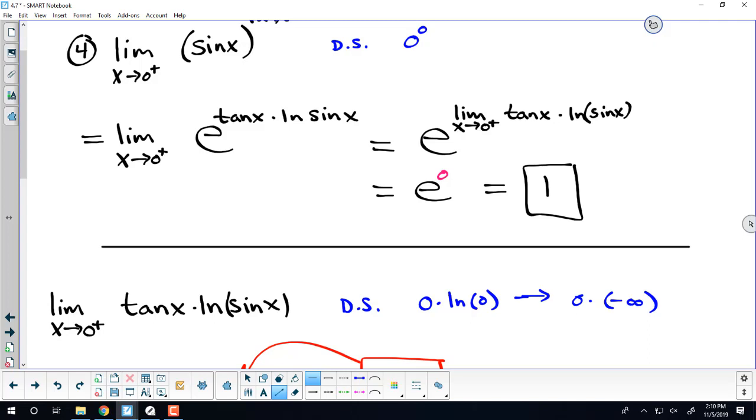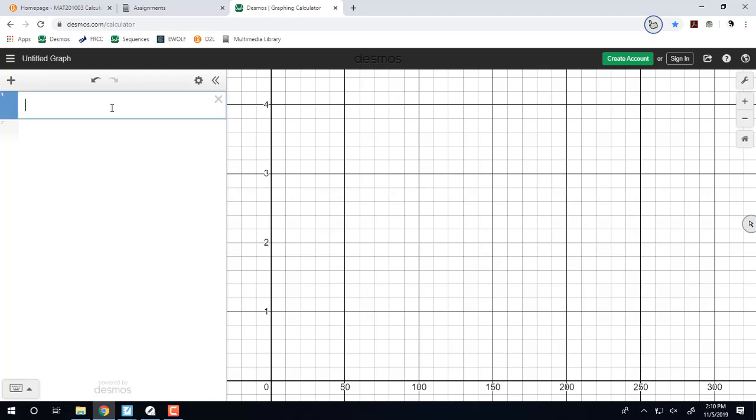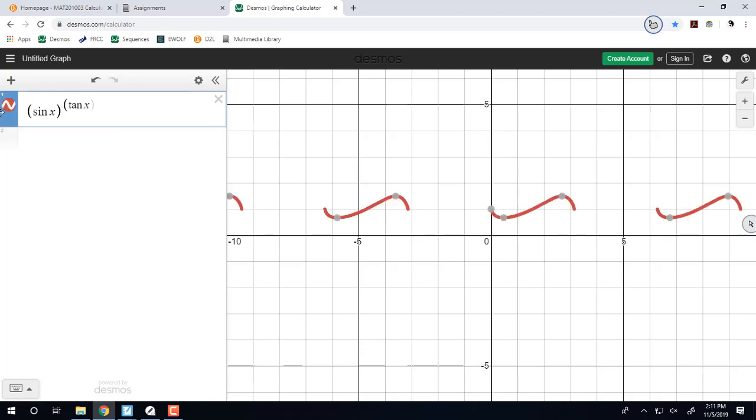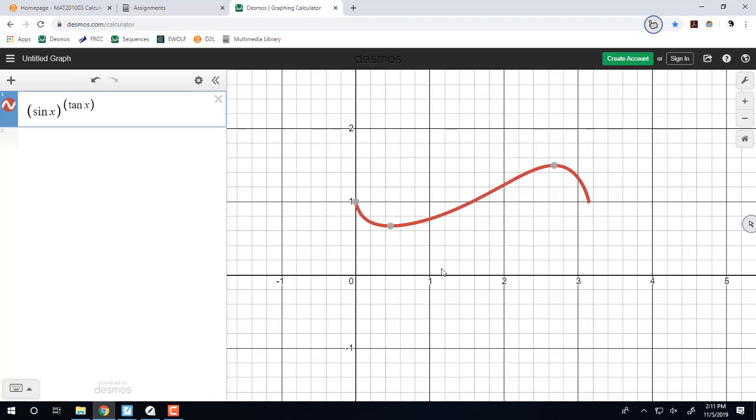Okay, so are there any other questions about this problem? All right, so there's our function. We're approaching 0 from the right. We're coming this way.